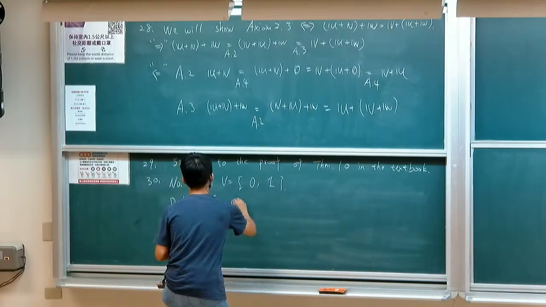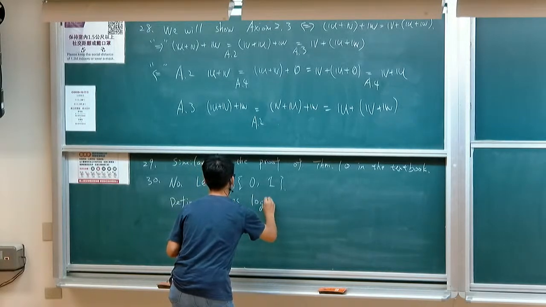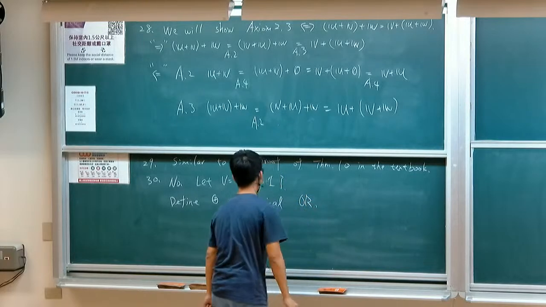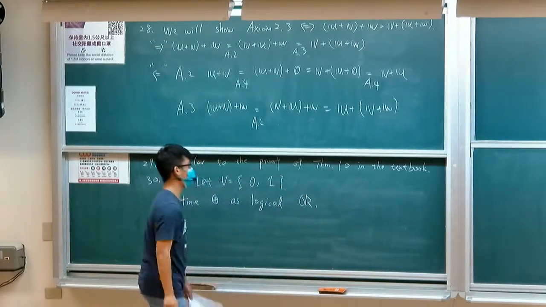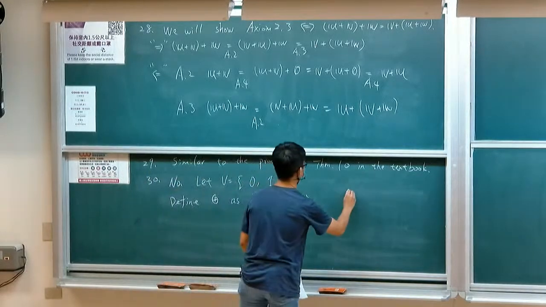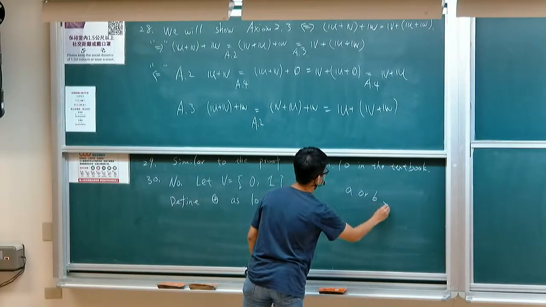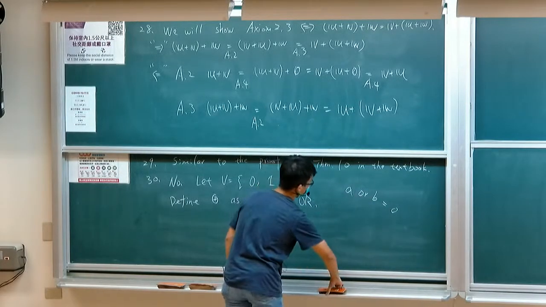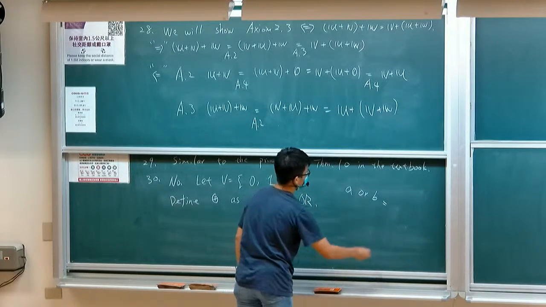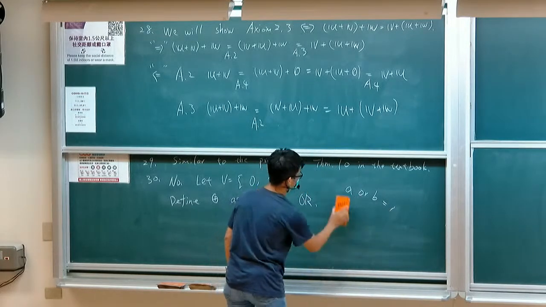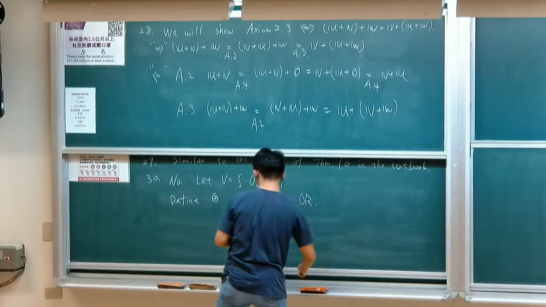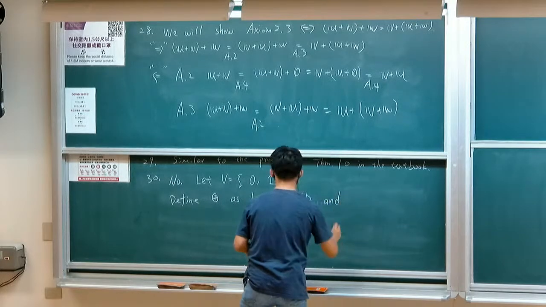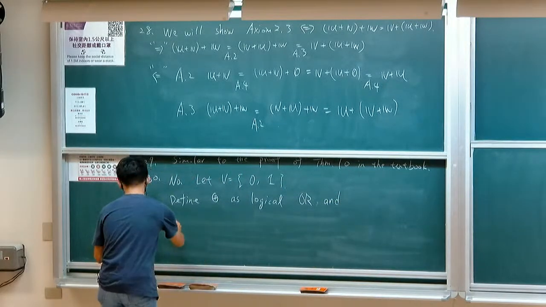For the OR binary operation, A or B is equal to 0 if both A and B are 0, and A or B is equal to 1 if one of A and B is 1. And we define the scalar multiplication as this.